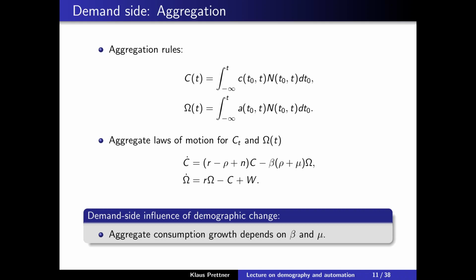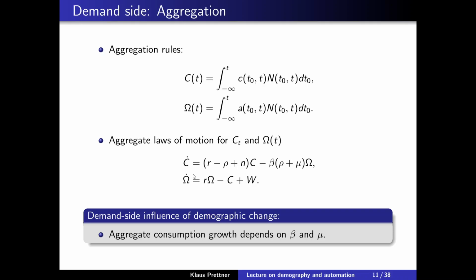So we have solved the optimization problem for the member of one cohort, but if we want to come up with aggregate consumption and aggregate assets, the latter of which we denote by uppercase omega, then we have to integrate over consumption of all the individuals that are alive, so over all cohorts from minus infinity up to time t. And when we want to have aggregate assets, we integrate over all the assets of all the cohorts. And this then leads to the aggregate laws of motion for aggregate consumption and aggregate assets that we have here.